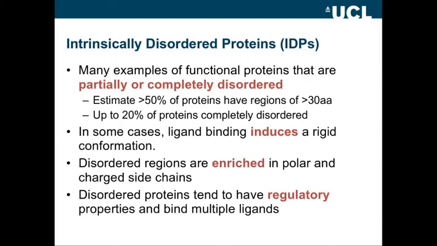In addition, if we're going from a very disordered state to an ordered state on binding, then we're going to lose entropy as a result of that. So these interactions tend to be easily reversible. So when you're talking about proteins involved in regulation, where perhaps you want a temporary binding to another protein or to DNA, then having a relatively low interaction energy is something that you're looking for, because you want this to be reversible.